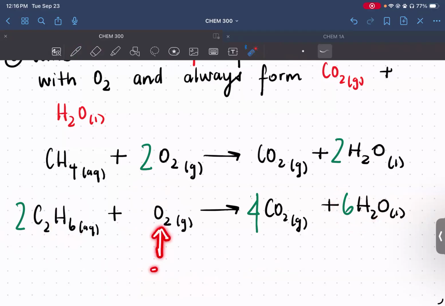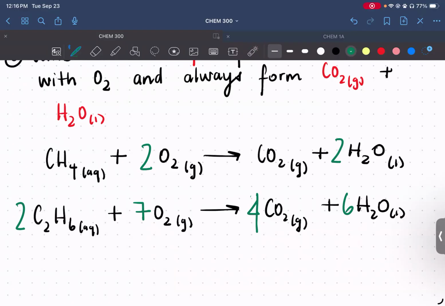We still have 2 oxygens on the left, but now in total, we have 8 plus 6 to give us 14 oxygens on the right. This is a number that's a lot simpler to work with. We just put a 7 in front of the O2.